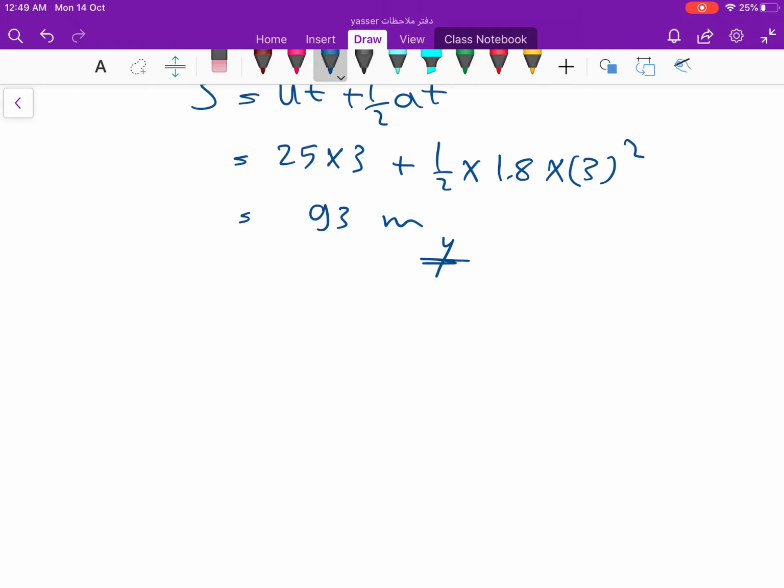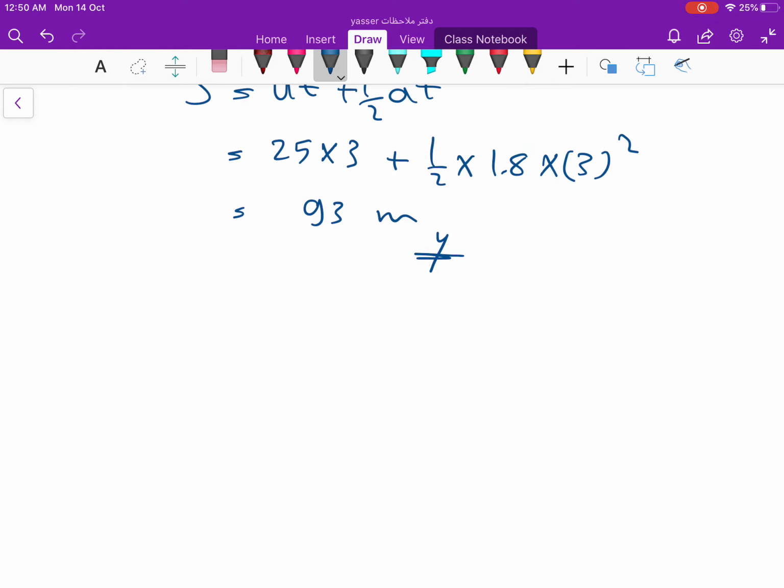The examiner says that we have the average acceleration of a sprinter from the time of leaving the blocks to reaching her maximum speed of 9 meters per second. Leaving the blocks means the initial velocity is 0, until it reaches 9.0 meters per second, so the final velocity is 9.0 meters per second.